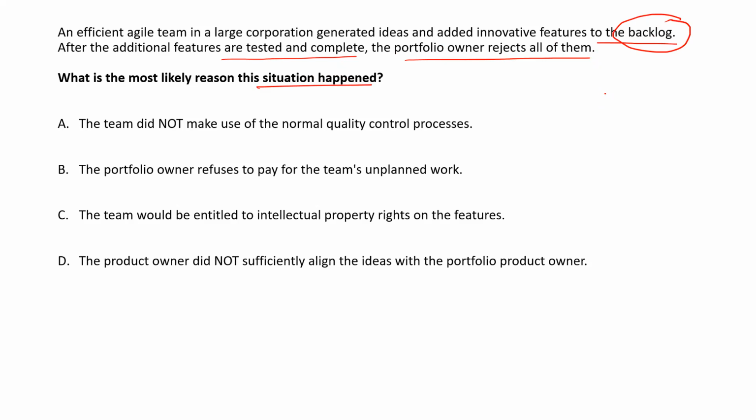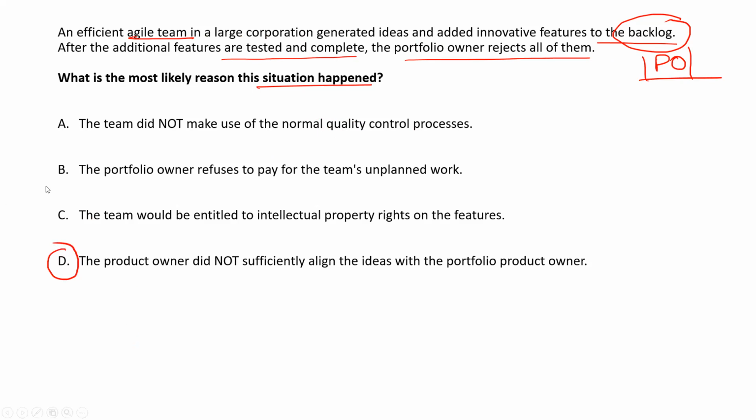This is the property of, whose property is the backlog? Team property? Product owner. Product owner. So it means the direct answer is, correct answer is yes. D.